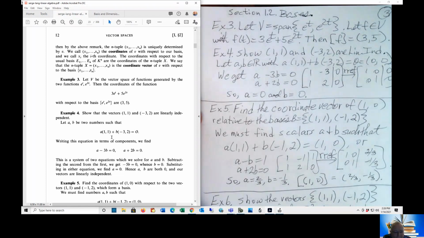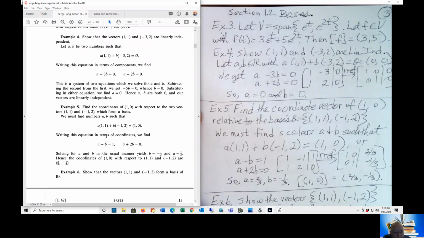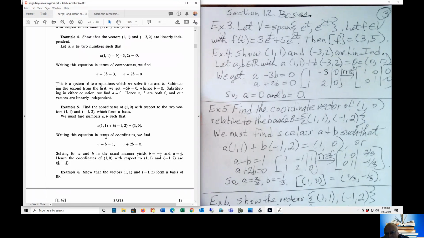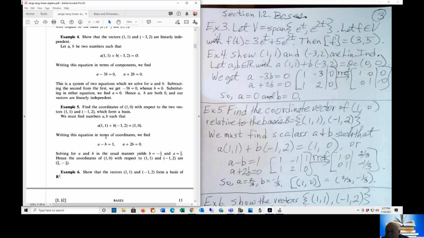Now, look at example 4. Show the following two vectors, (1, 1) and (-3, 2), are linearly independent, obviously in R2. To show they're linearly independent, we take two scalars, a and b, real numbers, with the linear combination of our two given vectors, and set that equal to the 0 vector, which of course for R2 is the ordered pair (0, 0).